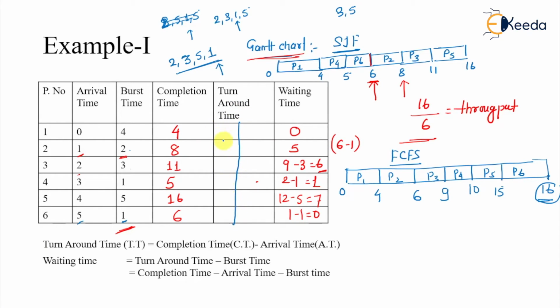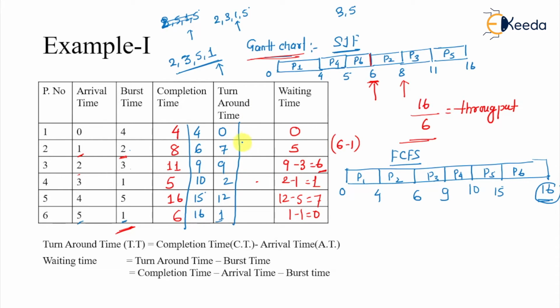Here the turnaround time is 0, then 7, 8 minus 1, 11 minus 2 is 9, 5 minus 3 is 2, 16 minus 4 is 12, and this is 1. Now what will the turnaround time be with the completion times in FCFS, which are 4, 6, 9, 10, 15, 16?